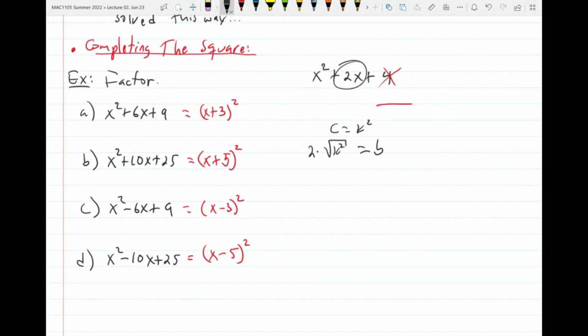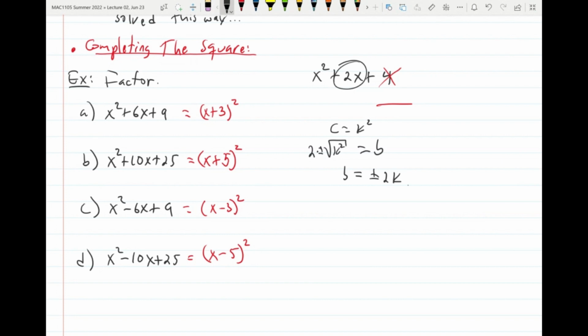Now, this works if B is positive, but if B is negative, remember because you start with this number, when you square root, you will get two possibilities, the positive and the negative. Because what you really want is something whose square is C. So you need to consider both of those, positive or negative. So it will be a plus or minus here, and then you can just say that B is going to be plus or minus 2K, where K stands for the positive square root of C.